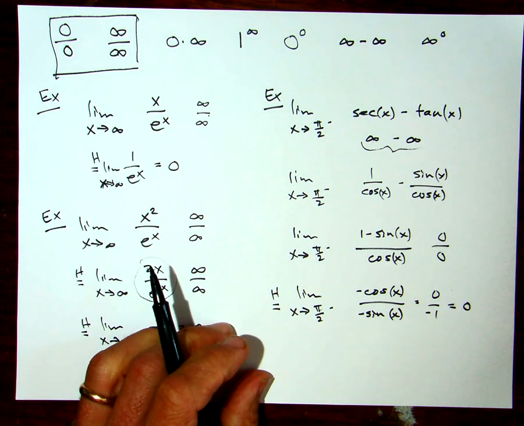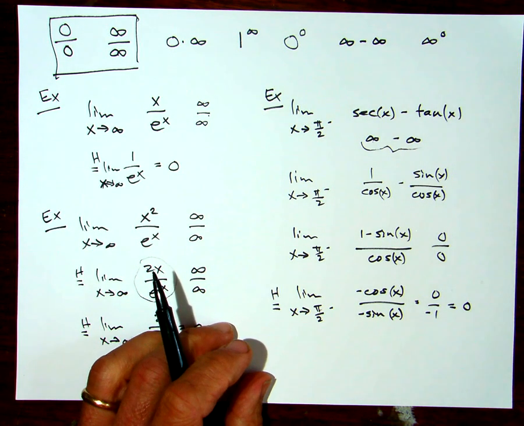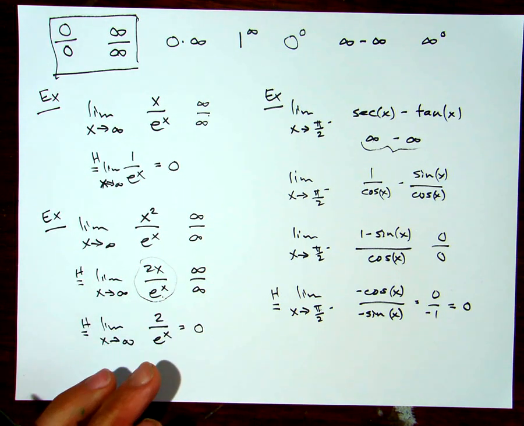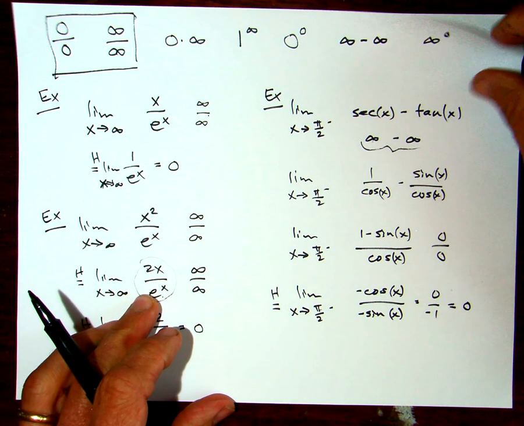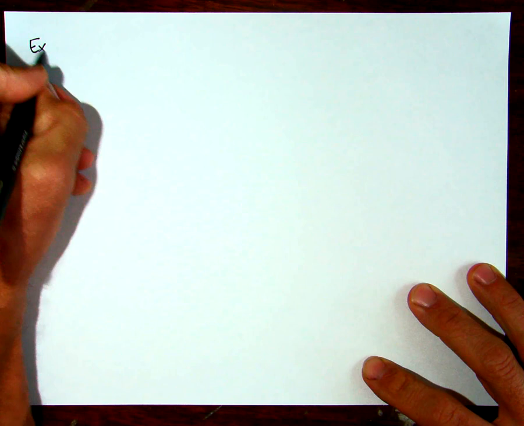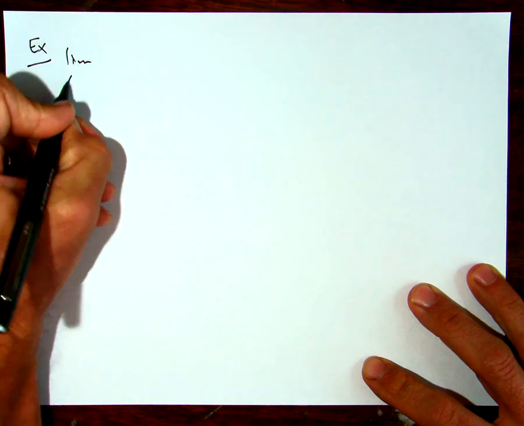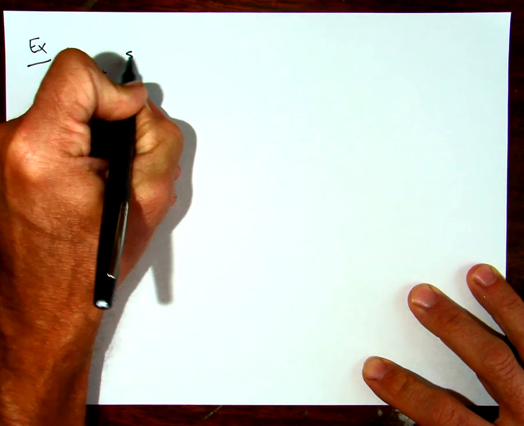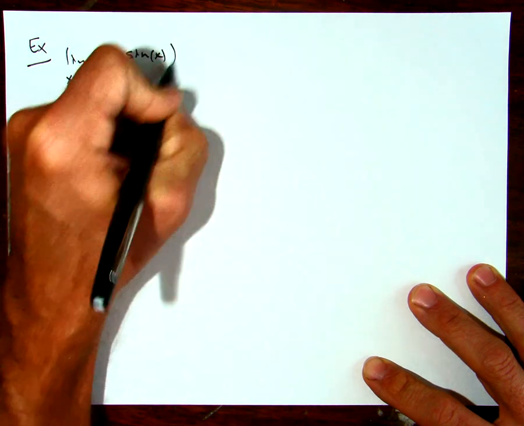Okay, we have one more example, a little bit more complicated, that I want to go through, and it is a different indeterminate form that we haven't looked at yet. So let's look at the limit as x approaches 0 from the right of sine of x to the x.